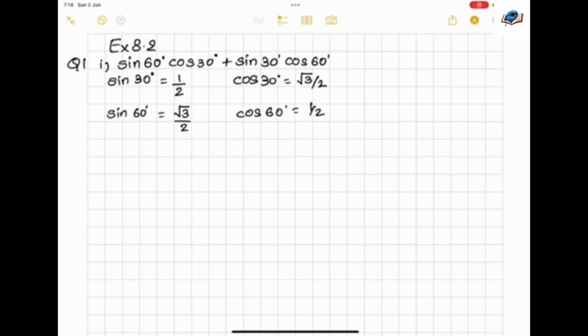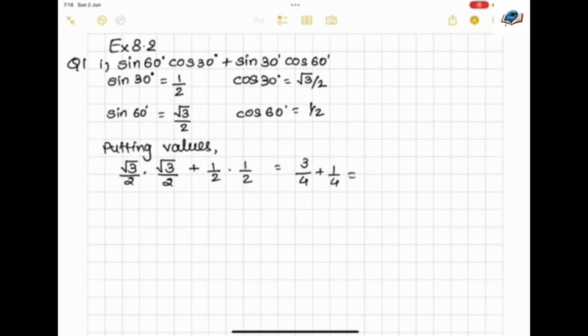Now putting the values, sine 60 is root 3 by 2 into cos 30, root 3 by 2, plus sine 30 is 1 by 2 into cos 60, 1 by 2. So that will be 3 upon 4 plus 1 upon 4, that is 4 by 4, equal to 1.